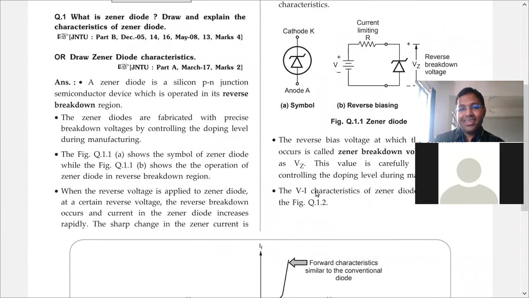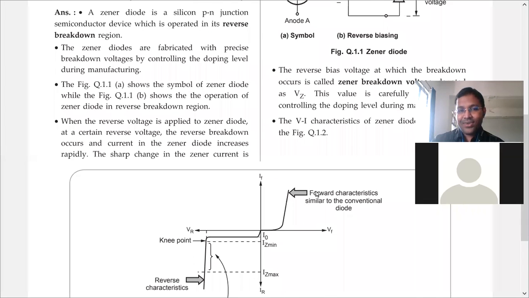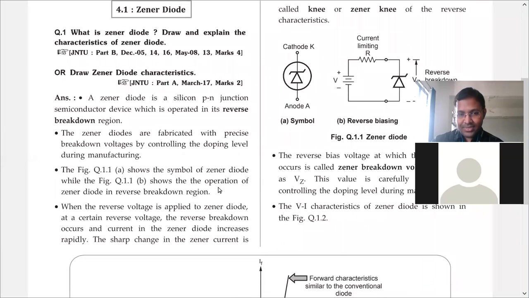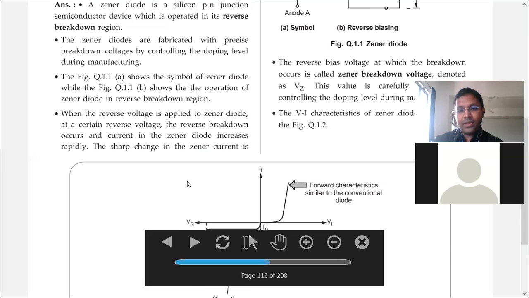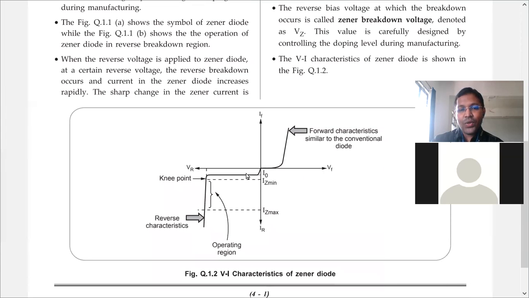Another important point is that we can have control over this breakdown depending upon the width of the depletion region. The more the doping, the thinner the depletion region.